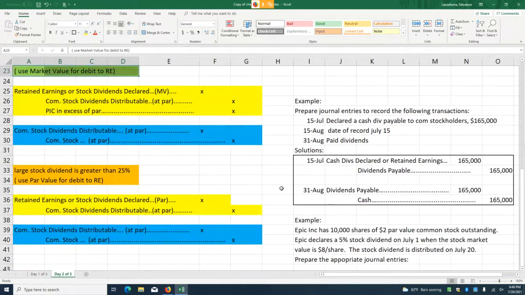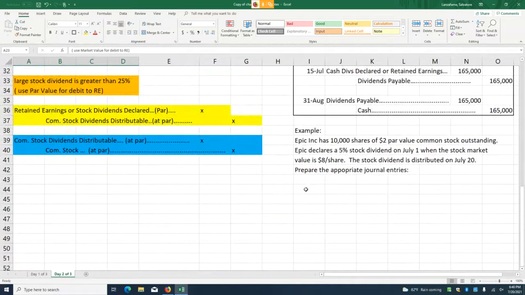From a journal entry point of view, this is on the declaration date, July 1st. I'm going to debit retained earnings. I can just write RE for retained earnings. I could also say stock dividends distributable. One of those two is acceptable.